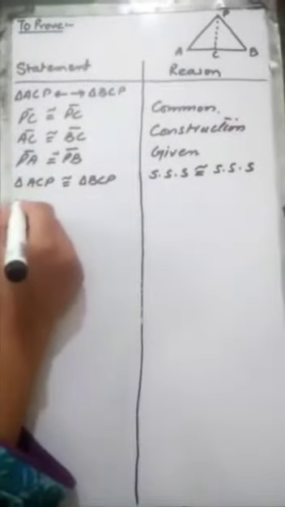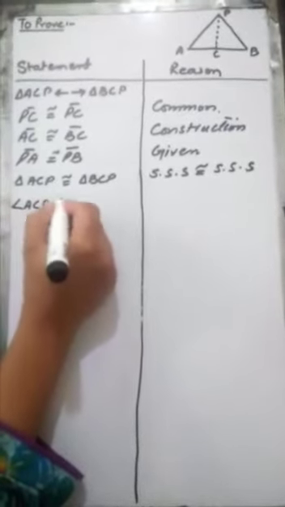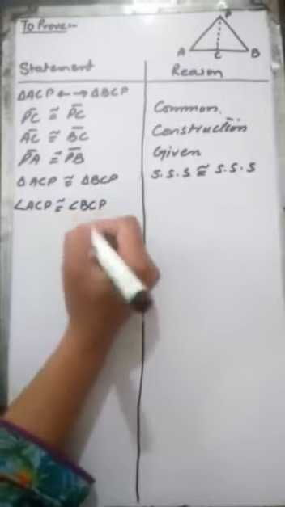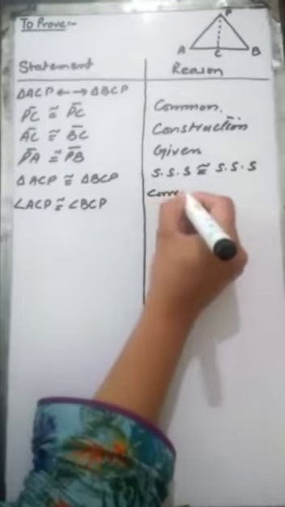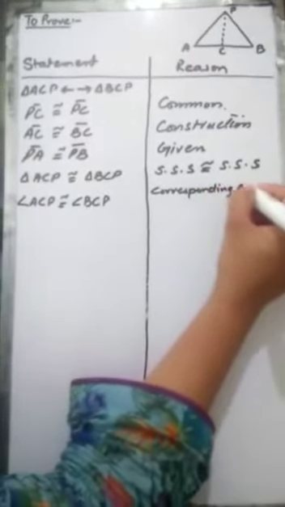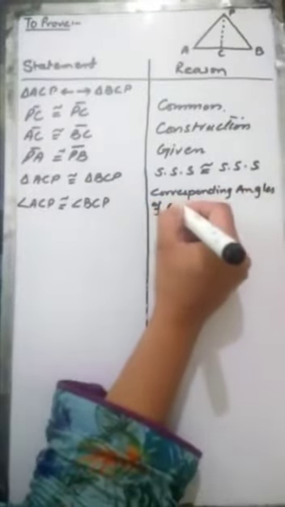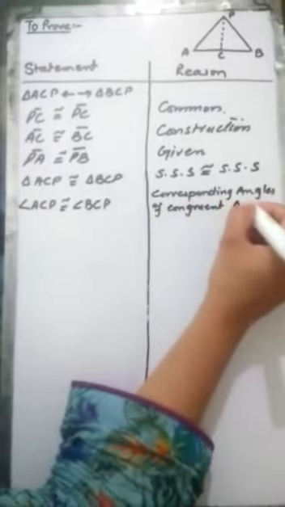So we can write angle ACP is congruent to angle BCP, right? And what will be the reason? Corresponding angles of congruent triangles.